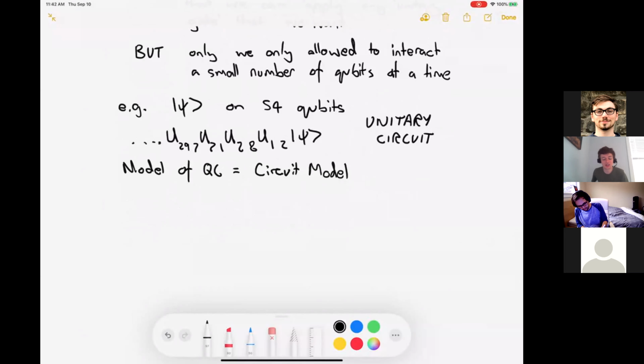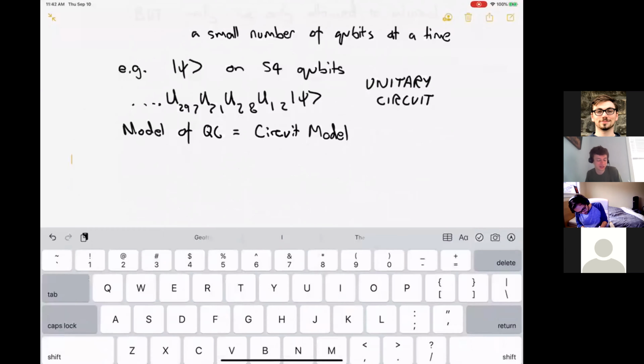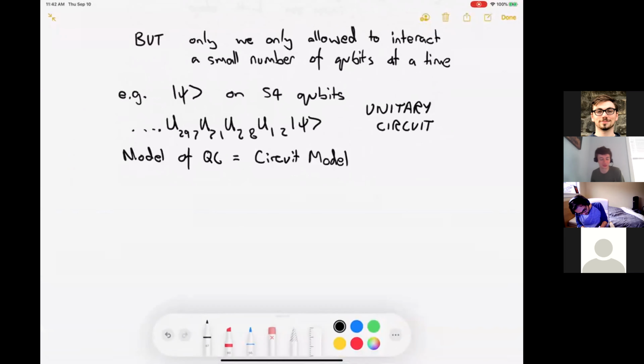So one thing you might notice about this circuit I've drawn here is that it's pretty hard to keep track of what's going on. This is generally true, right? This was a very simple thing, like only 1, 2, 3, 4, 5 of the qubits have had anything done to them at this point. So that means 49 of the qubits have been left completely untouched.